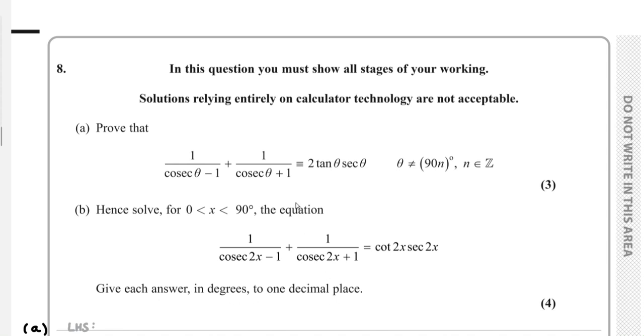Now, you will find the left hand side of this equation is the same as the left hand side of the identity in part A. The only difference is, instead of us having a theta, we have a 2x instead. So we can use the result we have in part A to help us solve the equation in part B.